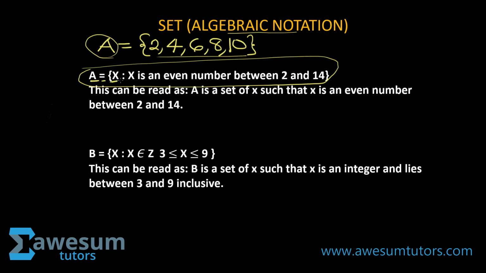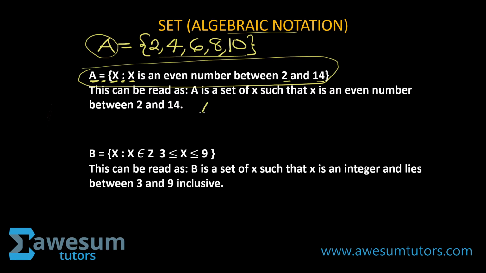It is a set of X, such that X is an even number between 2 and 14. Again, A is a set of X such that X is an even number between 2 and 14.